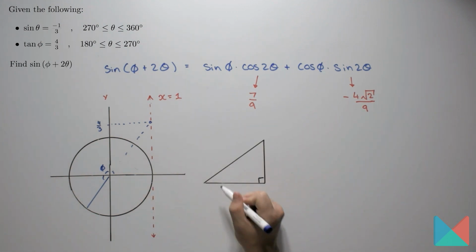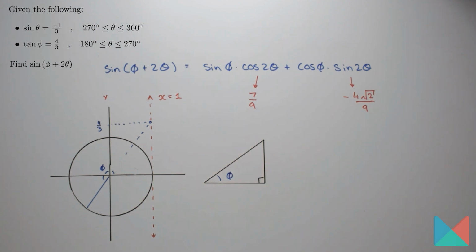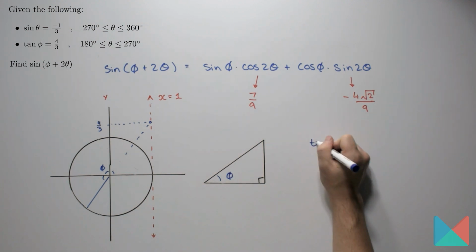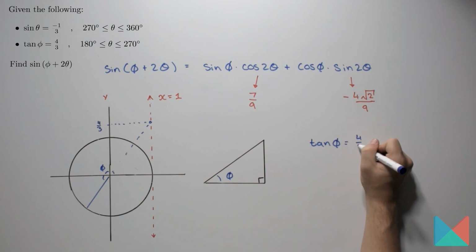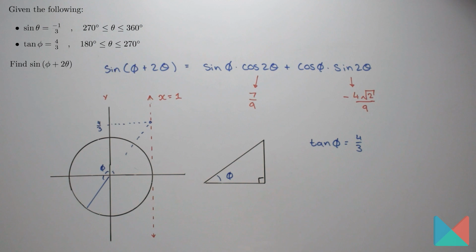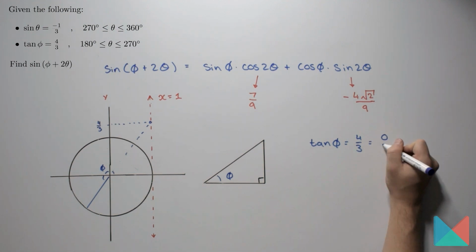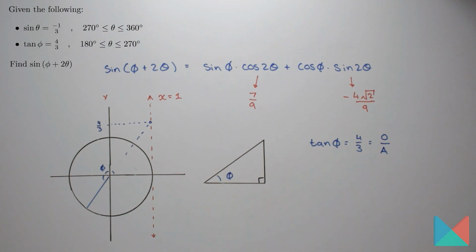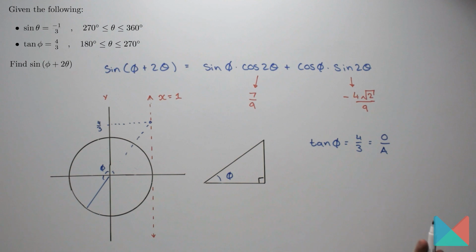And we're going to label the angle in this right triangle as phi. And we know that tan of phi is 4/3. And also by our SOHCAHTOA definition, tan is equal to our opposite over our adjacent side. And what we can do now is match up our fractions. So our opposite side will be the top of the fraction, which is 4.